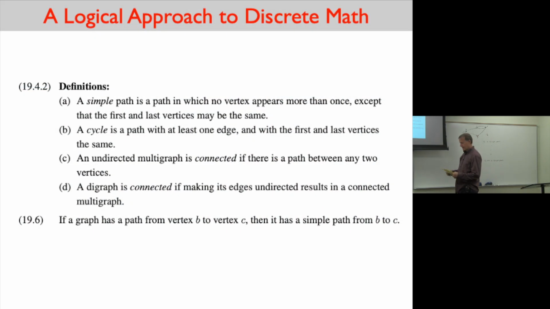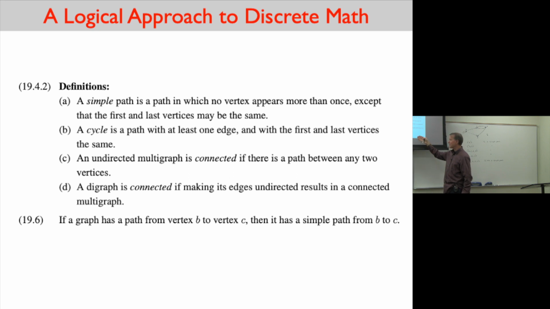Now watch this. This is an interesting theorem. See if you can understand this. If a graph has a path from vertex B to vertex C, then it has a simple path from B to C. This is an existence theorem.